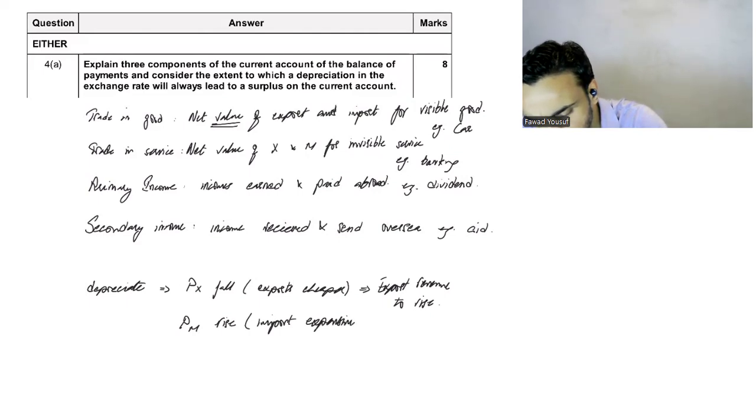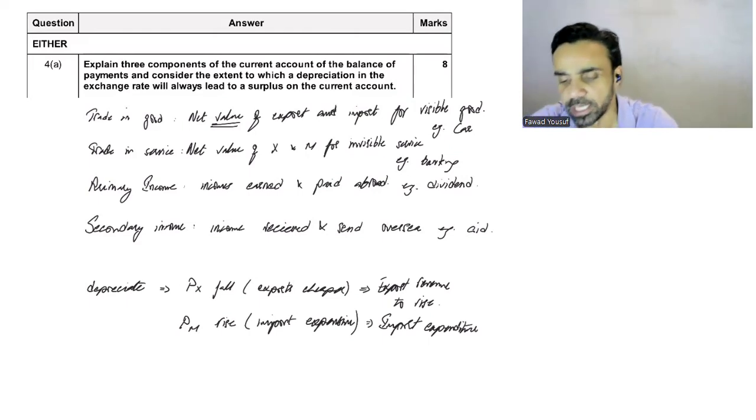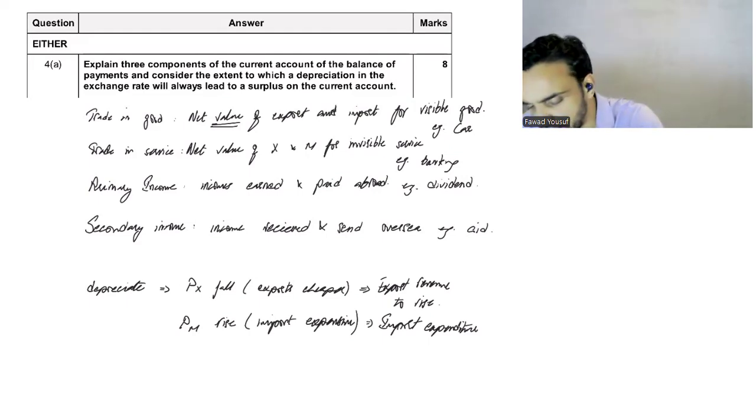This cheaper and expensive is important, because of which import expenditure changes. Please don't just write export and import. I've mentioned this previously also. You must write export revenue, you must write import expenditure. Never write exports rise, imports fall. We don't give marks for just export and import; you need to write revenues and expenditures.